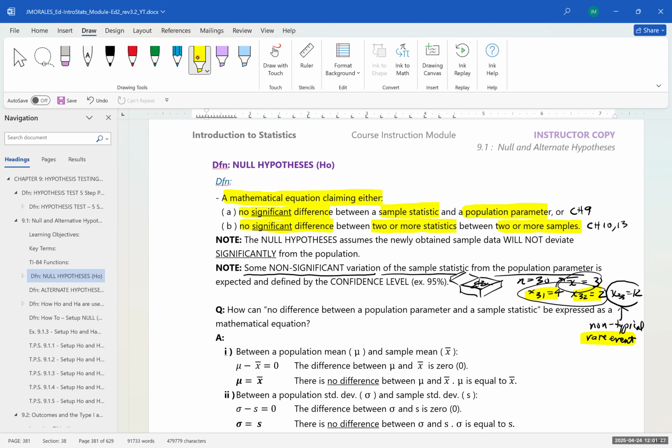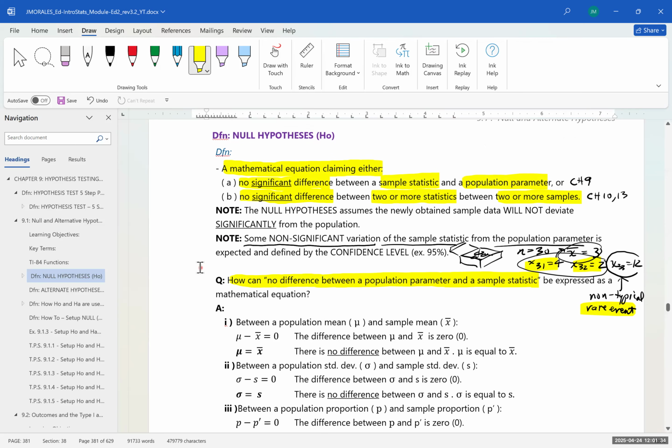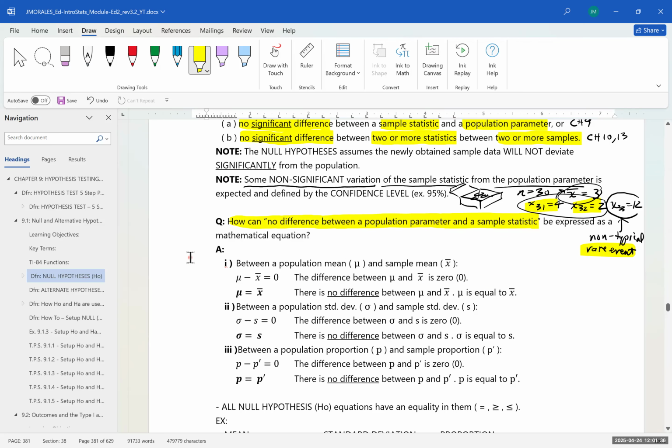So how do we represent that idea mathematically? How can no difference between the population parameter and a sample statistic be expressed as a mathematical equation? Between population mean and sample mean, we could say that the difference between the population mean and the sample mean is 0.